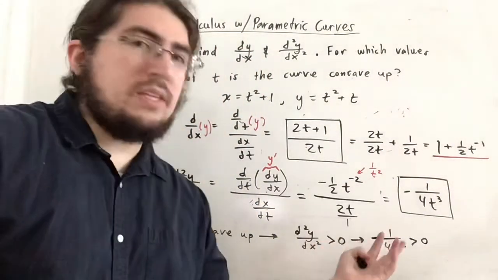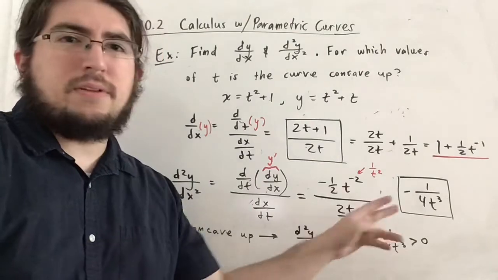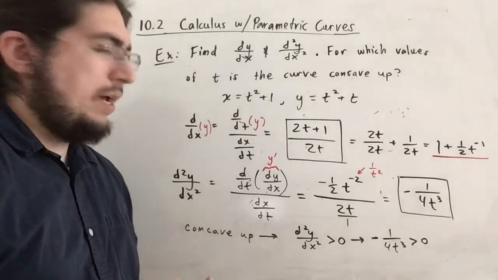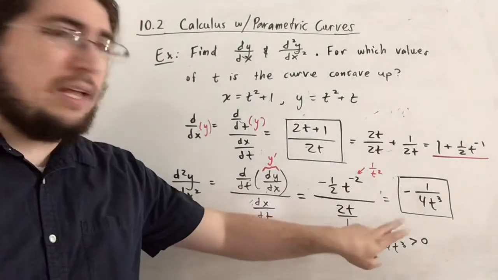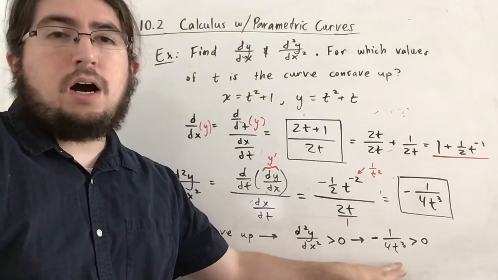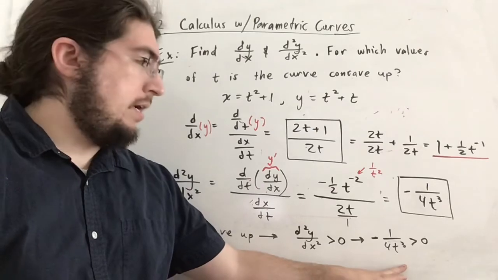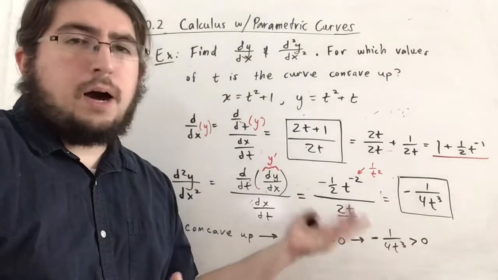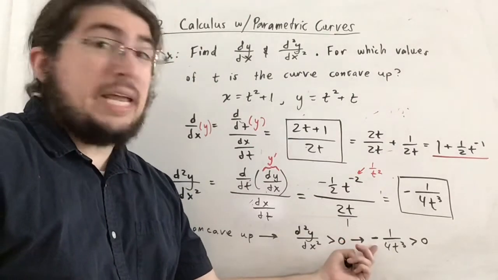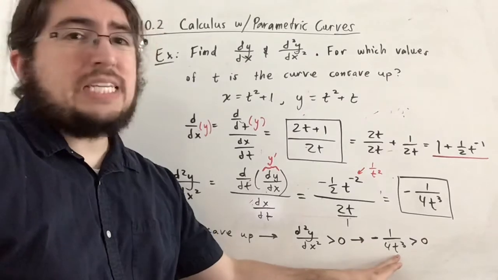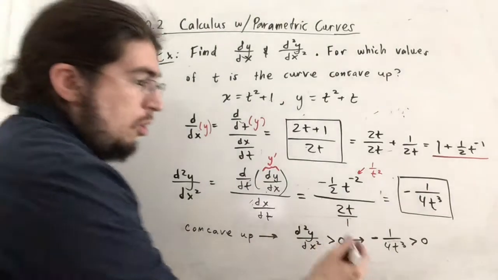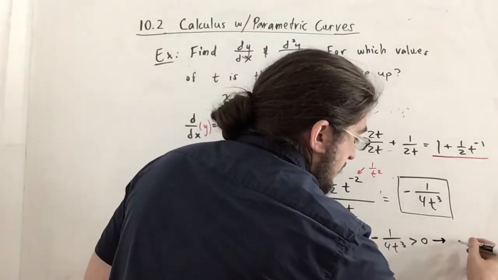Without solving this too much, you can reciprocate both sides and get rid of the negative, and the inequality symbol will flip a few times. But long story short, this appears at face value to be a negative value because of the negative sign. T cubed is an odd operation, meaning that when you apply it to a negative number, the negative comes out. So to make this negative go away, we'd have to have t be negative, because then a negative number cubed is still negative, and then a double negative is positive. So this only happens when t is negative.